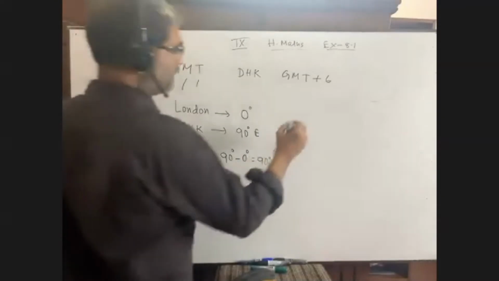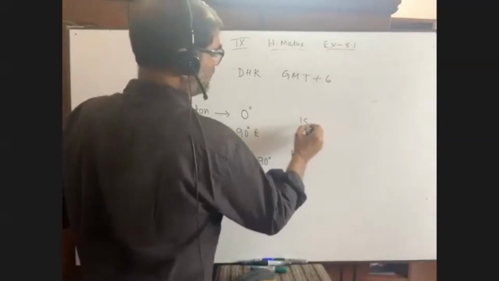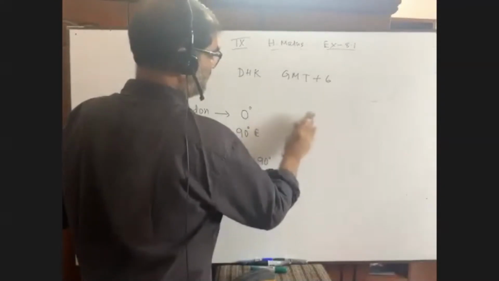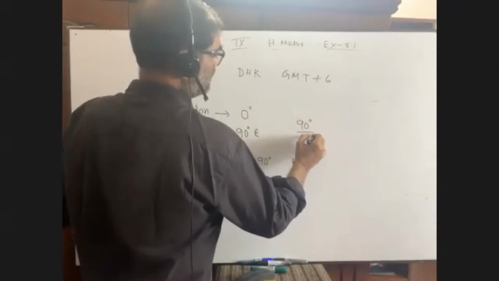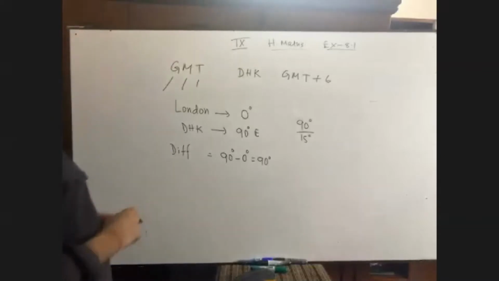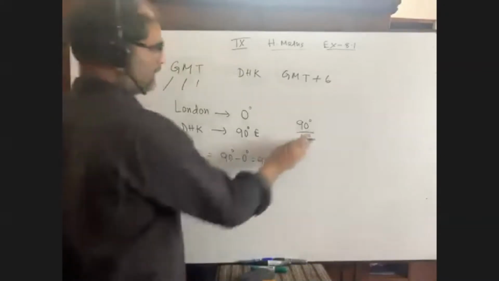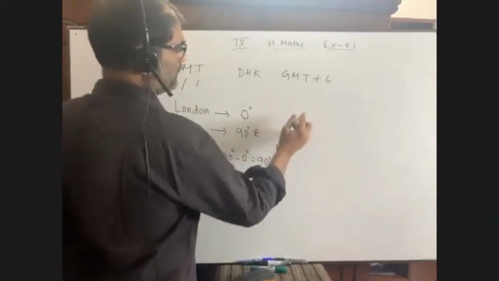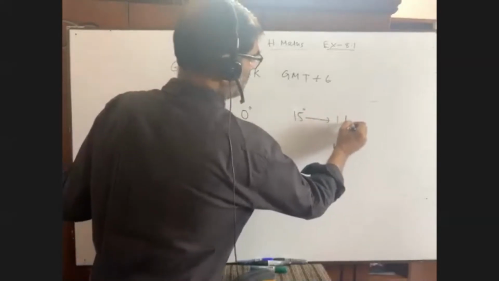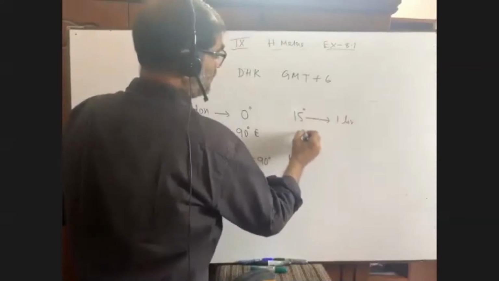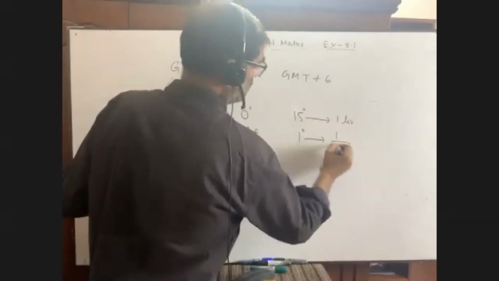So you divide 90 degree by 15 degree. 15 degree, 1 hour. 1 degree, 1 by 15 hour.